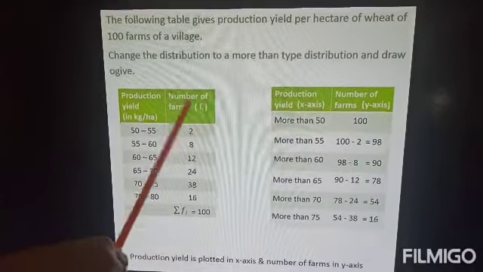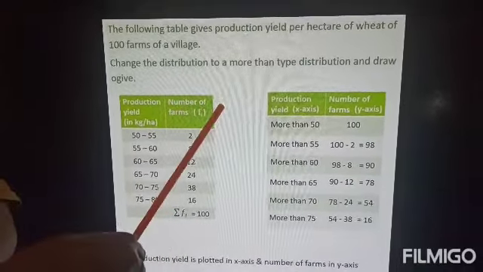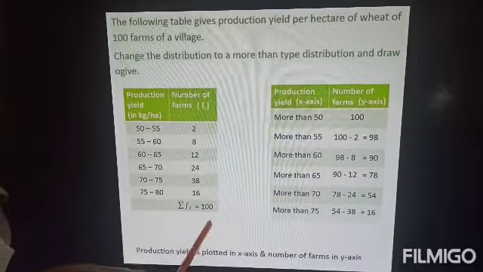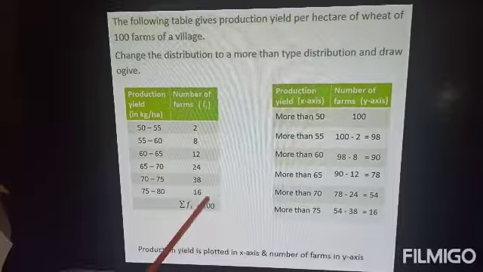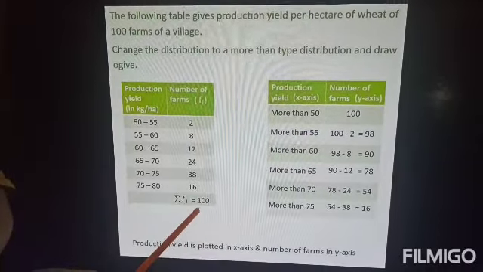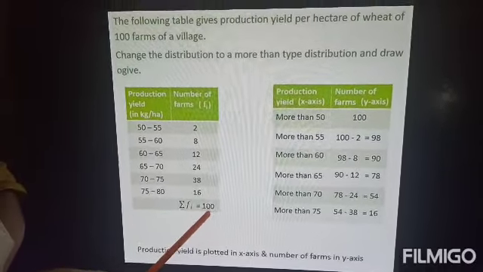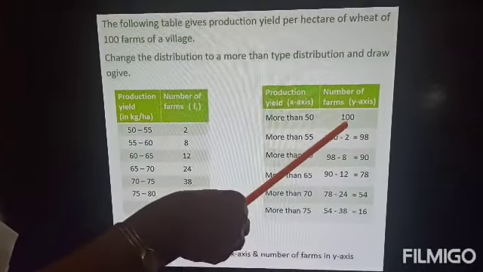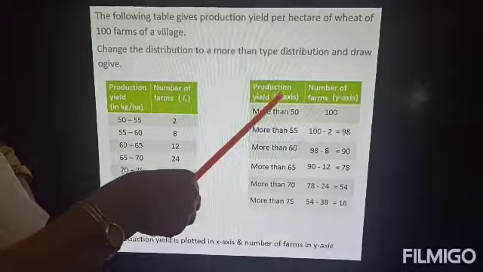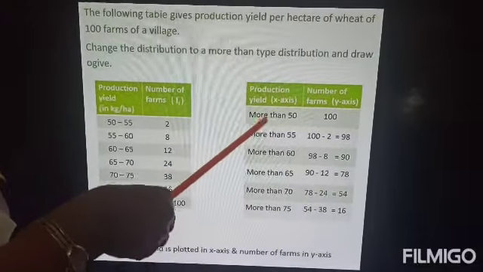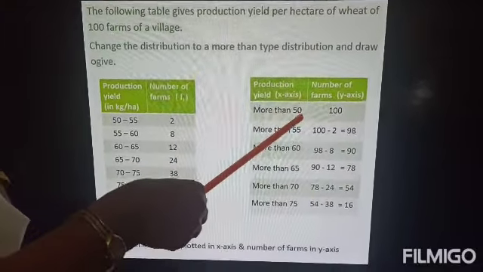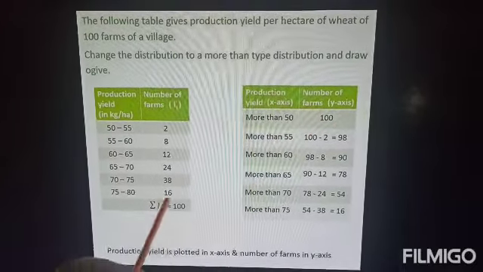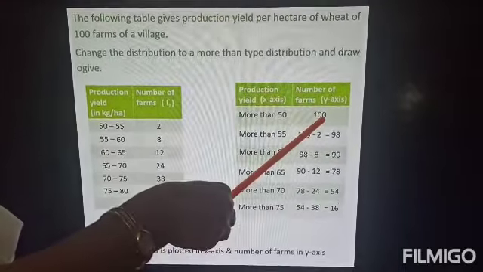Okay, we have to draw here the more than type of ogive. To draw more than type, I have to take first the total frequency that we got. Production yield more than 50, take it as 100, the total, as it is.